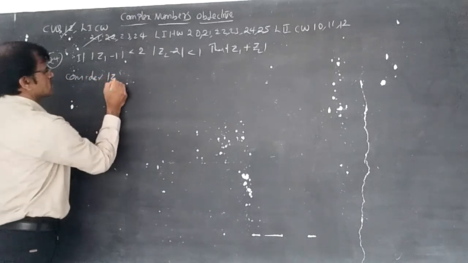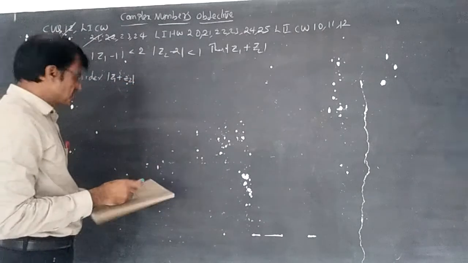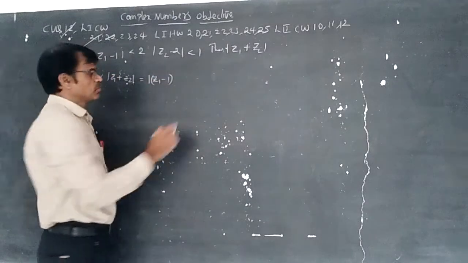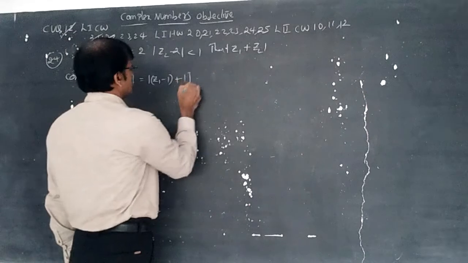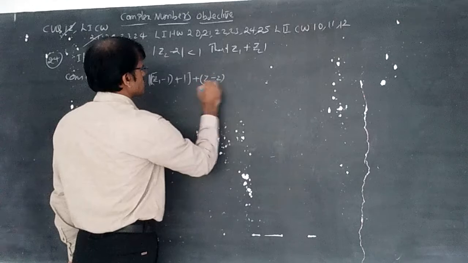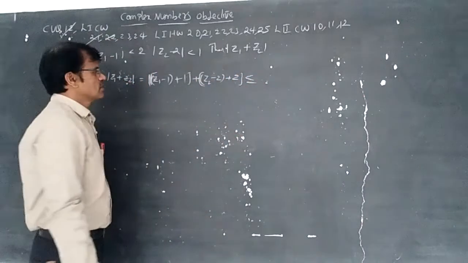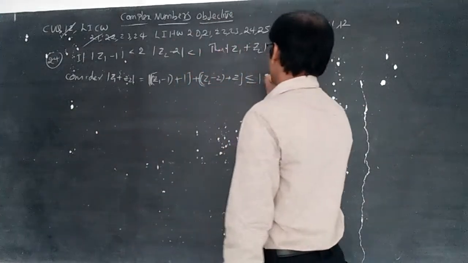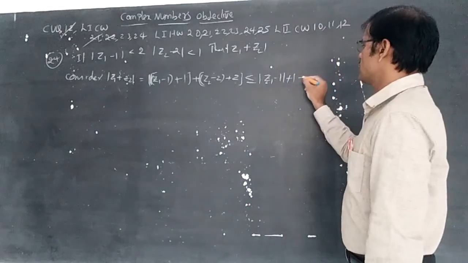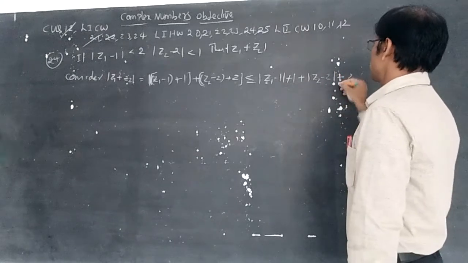Consider modulus of z1 plus z2. This can be written as modulus of z1 minus 1 plus 1, in a square bracket, put a group, z2 minus 2 plus 2. This is a group. This is less than or equal to modulus of z1 minus 1, plus, of course, separate mod 1 only, plus modulus of z2 minus 2, plus separate 2.